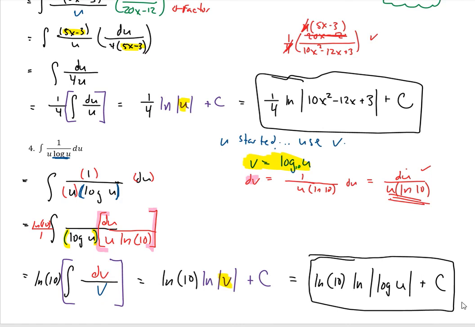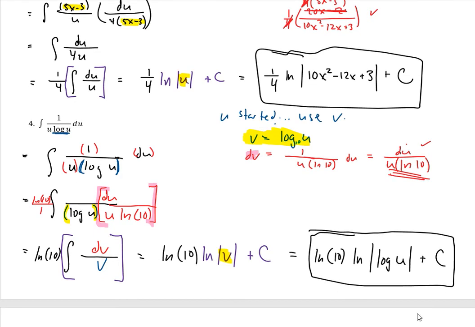And there it is. Okay, so we found its antiderivative, and then one last thing is to check it. All right, if we were to check, again, the ln of 10 is just hanging out, so this is our check. And then the derivative of the natural log function is to put the argument, so the log u would go down below. And then the derivative of log u would go up top. Okay, well, the derivative of log u would be 1 over u, like that, and then times the natural log of the base of 10.